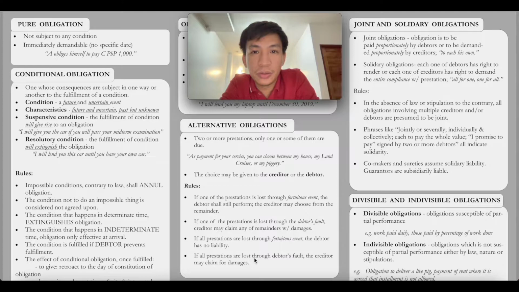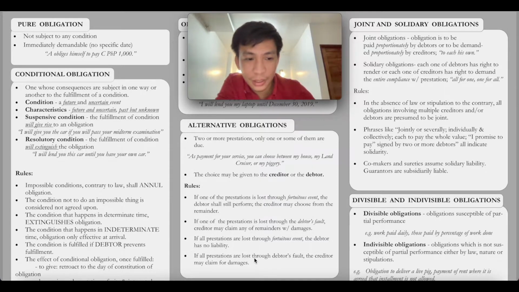Kumbaga, yung obligation mo to give ay nag-start na way back. It looks back at the time na pinromise or ginawa mo yung obligation na yan. So I think that's pure unconditional obligations.